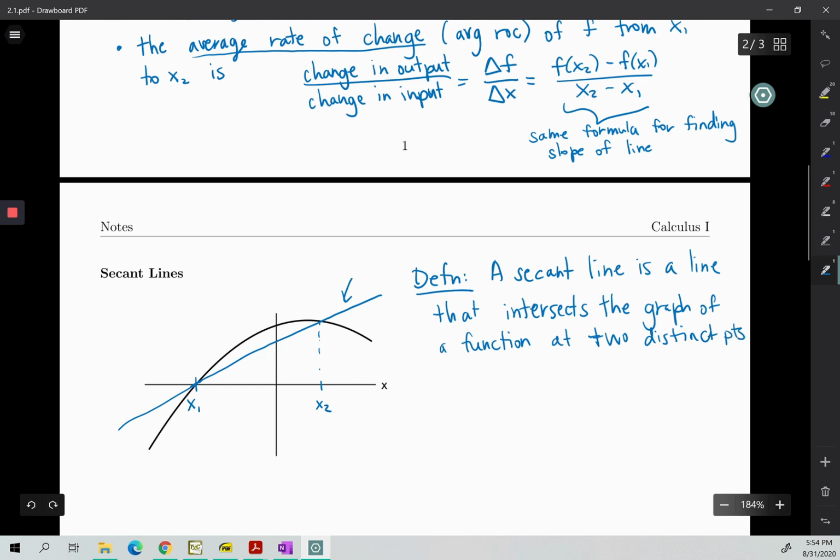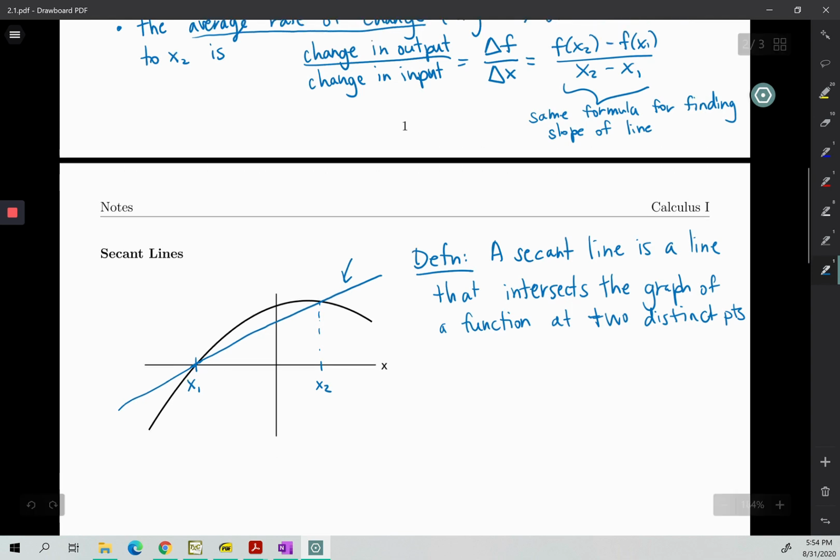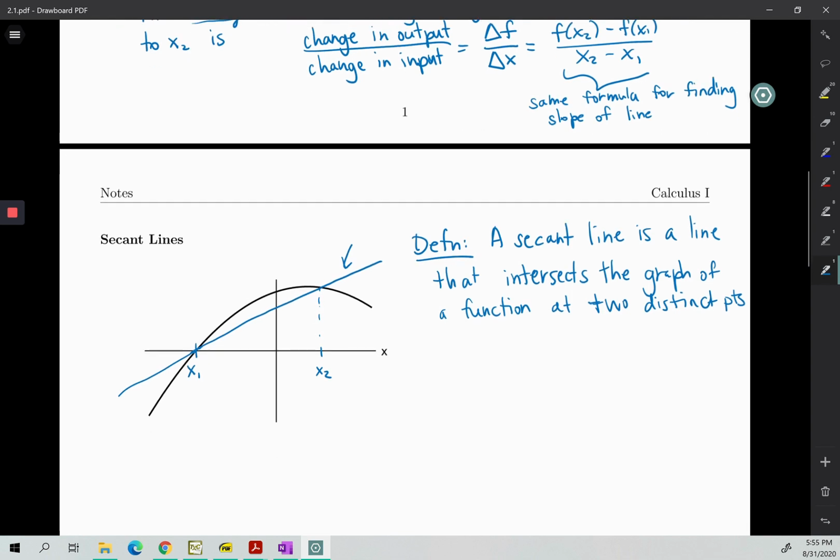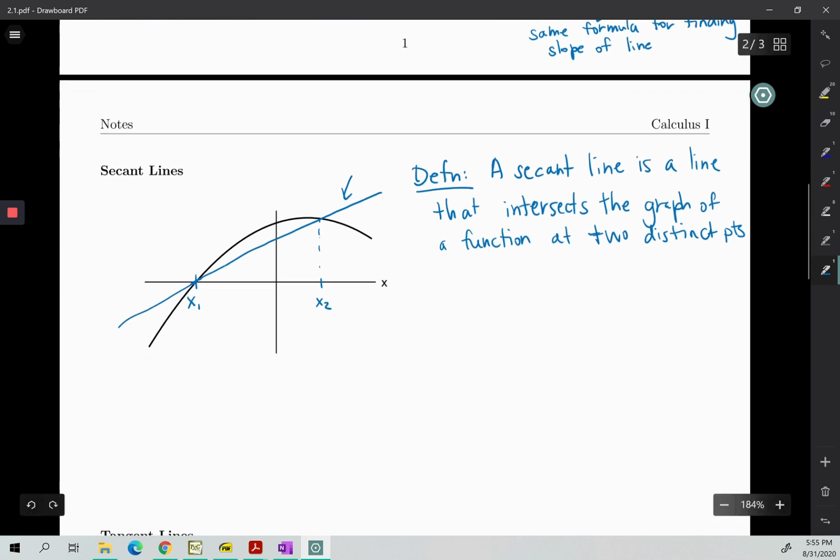Here that would be at x1 and x2, how I've drawn it, and the slope of the secant line is, of course, so this is the point x2, f of x2, and this is the point x1, f of x1.